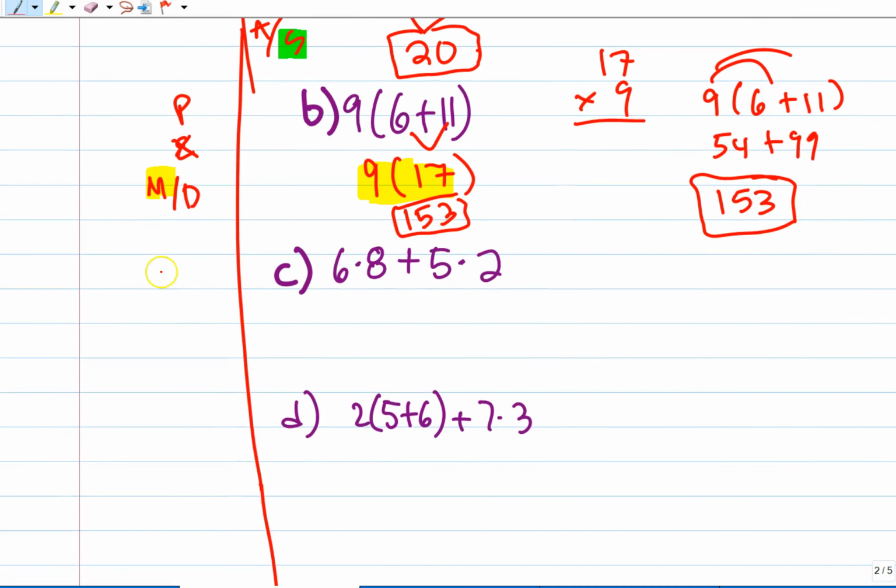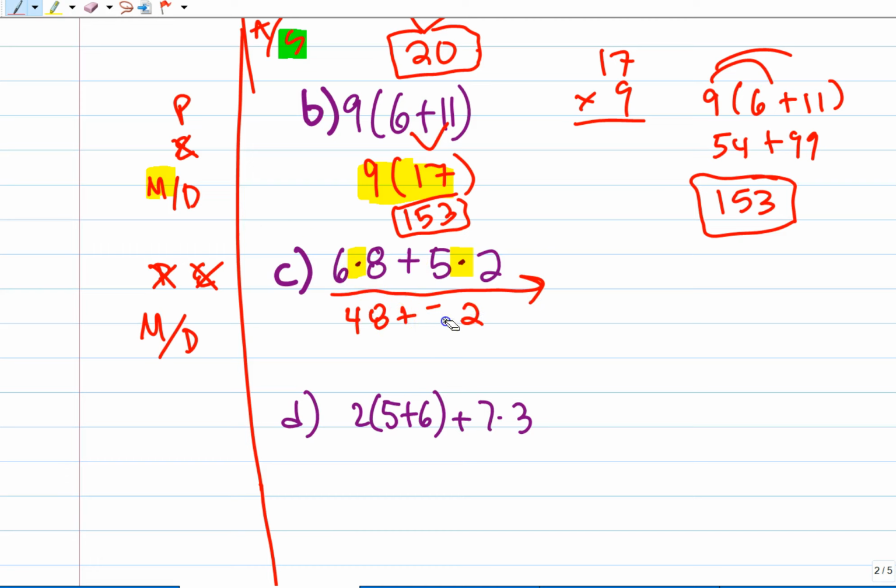On this one, there are no parentheses. There are no exponents, but I see some multiplication. Which one do I do first? Well, they are separated, so you actually could kind of do both at the same time, but I don't recommend that. I recommend from left to right. Which one comes first? 6 times 8. And bring the rest in.